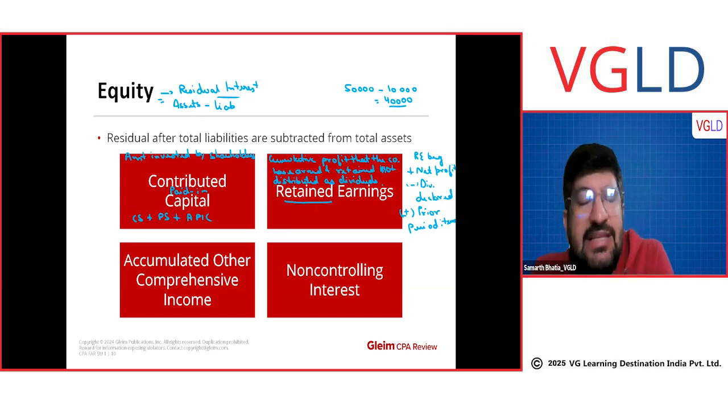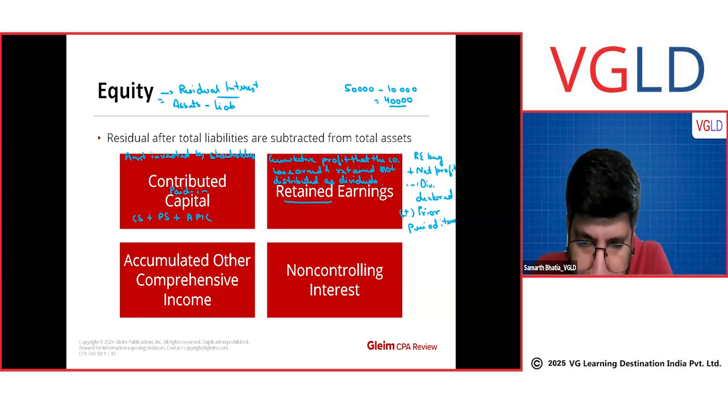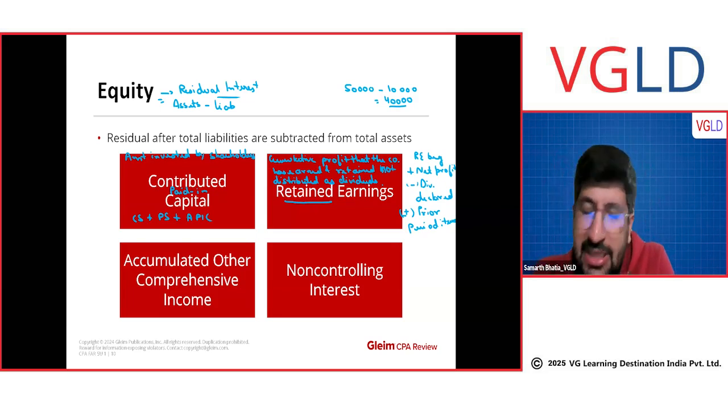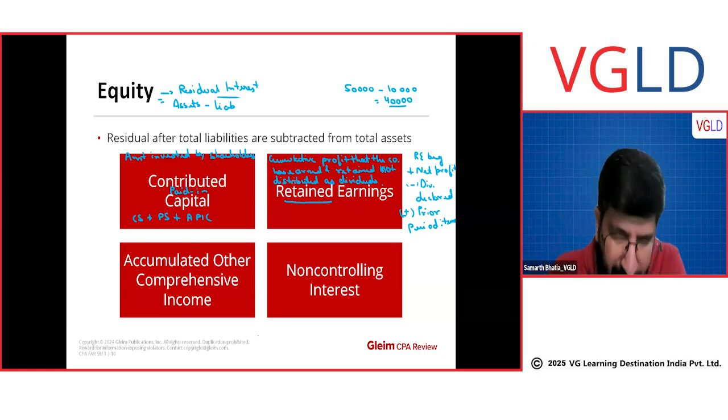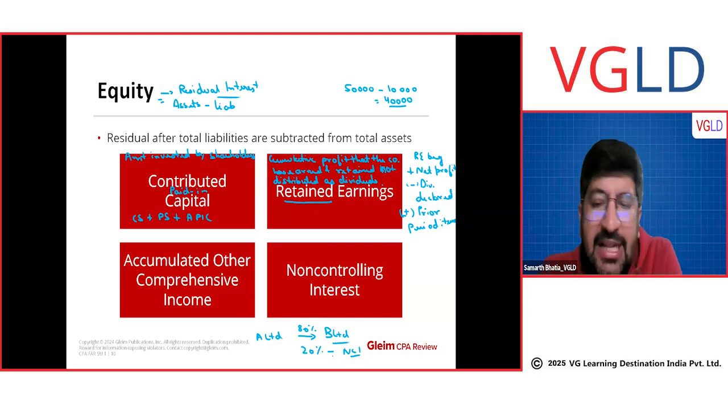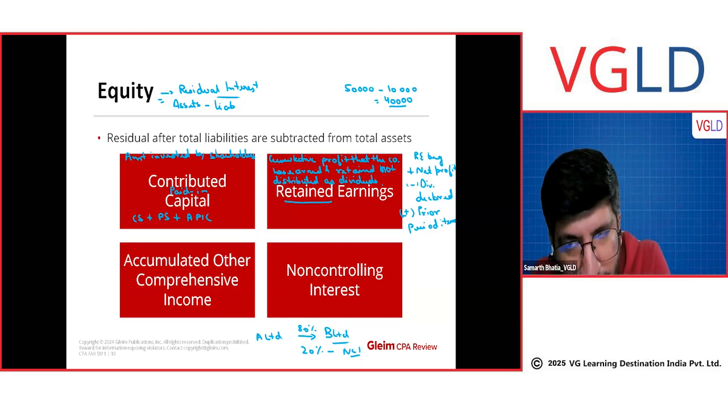And finally, the NCI is there, non-controlling interest. Suppose a consolidated financial statement is being prepared, and A Limited acquired 80% of the shares of B Limited. Whatever share they have acquired is a controlling interest, and whatever share they have not acquired, that remaining 20%, is reflected as a non-controlling interest.